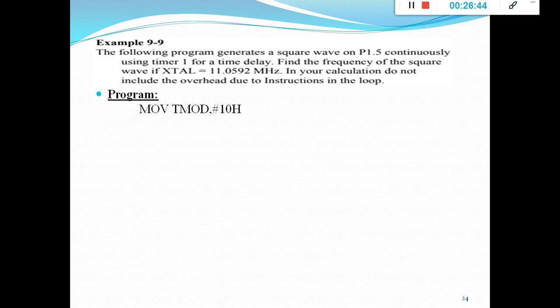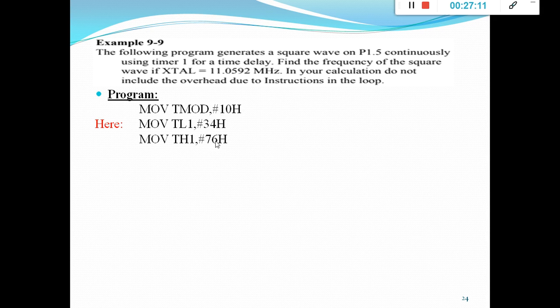When it is timer 1 mode 1, the value is 10, because you have to put the 4 bits of timer 1, the higher bits of the TMOD register. So when you put 10 in the TMOD register, it selects timer 1 mode 1, and when you put 01, it selects timer 0 mode 1.